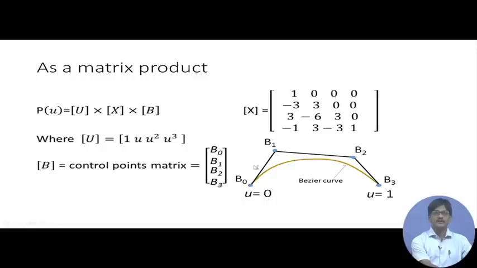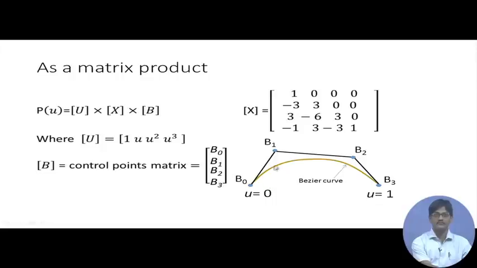It can also be expressed in a matrix form, where this particular U matrix, capital U matrix, will be containing terms only as functions of u. The intermediate matrix, called the coefficient matrix, will be containing some constants depending upon the number of control points that we are considering, and the B matrix will be containing the control points that we are considering.